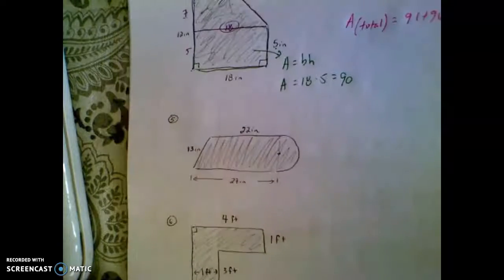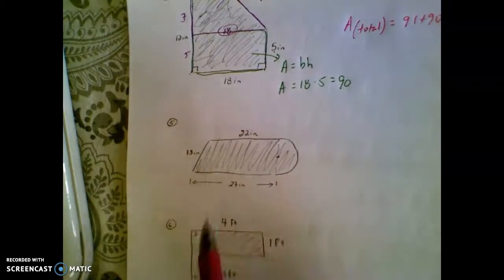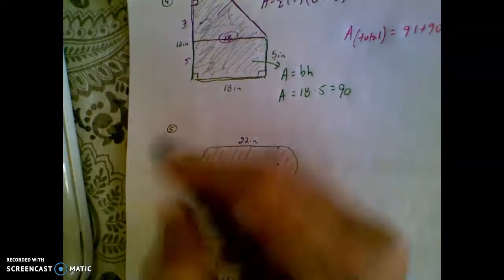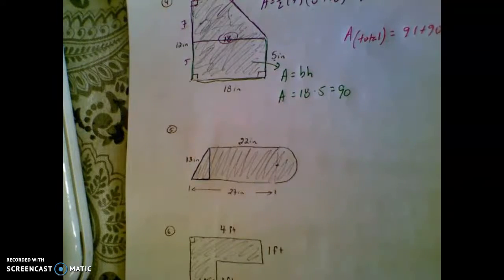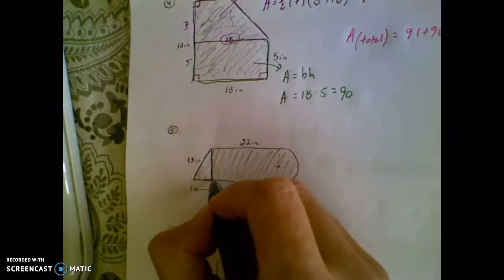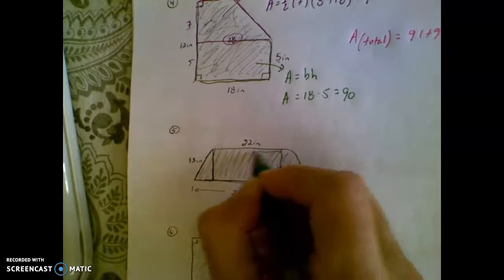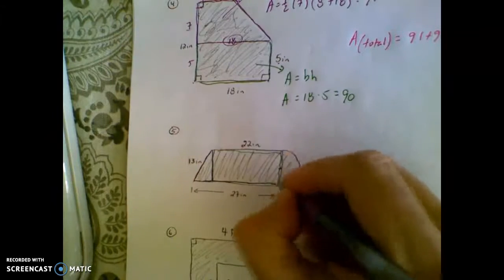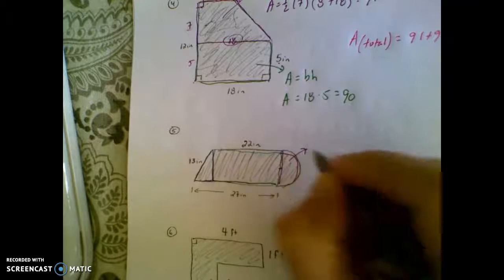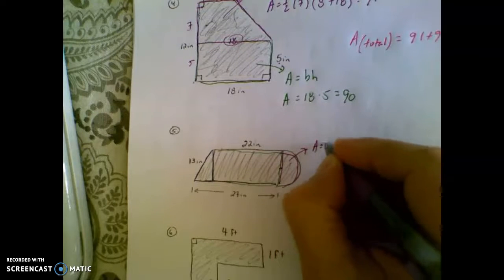Then down here, geez, I see a triangle over here. Let's see if I can do this one real quick before I run out of time. I see a rectangle here. And I see a half a circle right here. I'll start with the half a circle. Remember, pi r squared is a whole circle, but I only want half of this one.